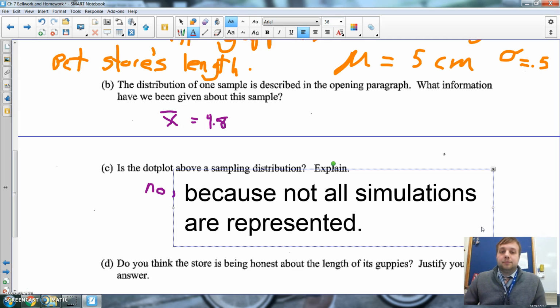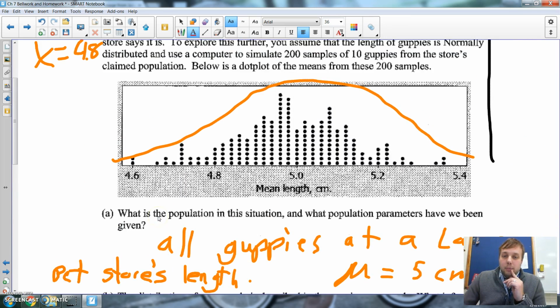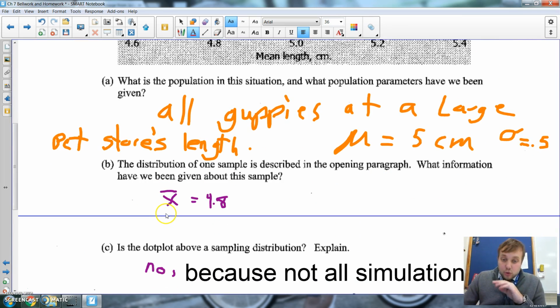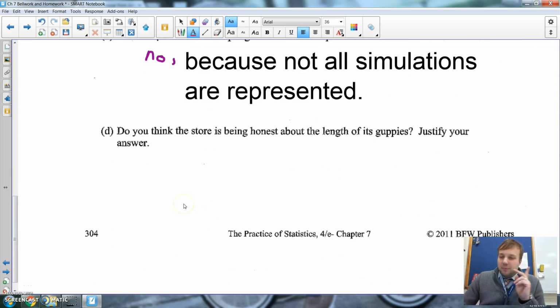Period. There we go. Alright, only 200 of them are represented there. A sampling distribution will have all of them represented. Okay? And barely ever do we actually have a full one, because it would just take forever to plot that many dots.